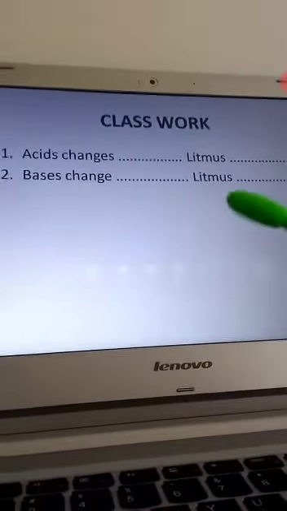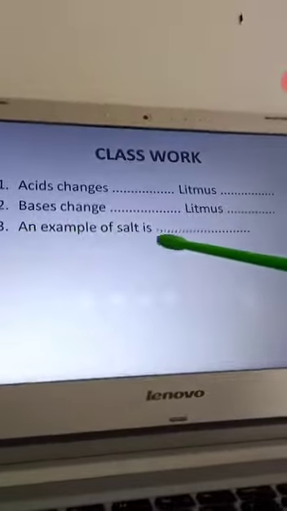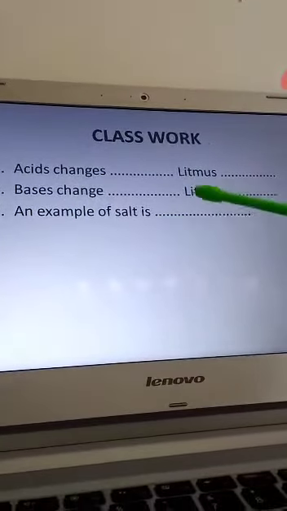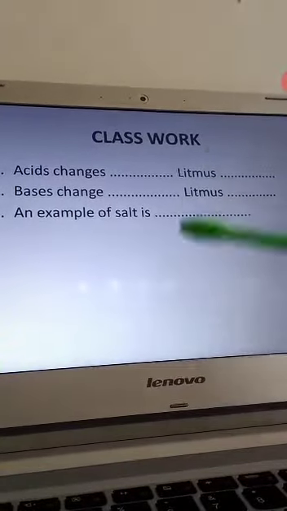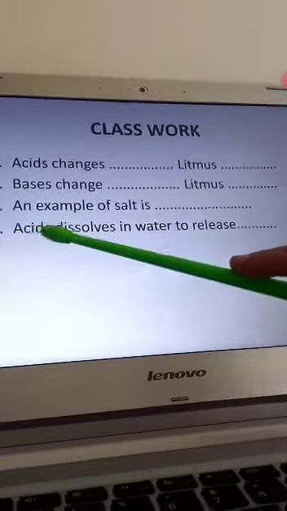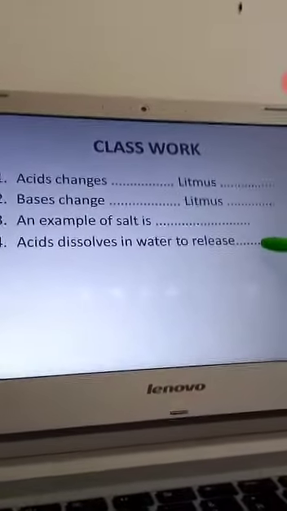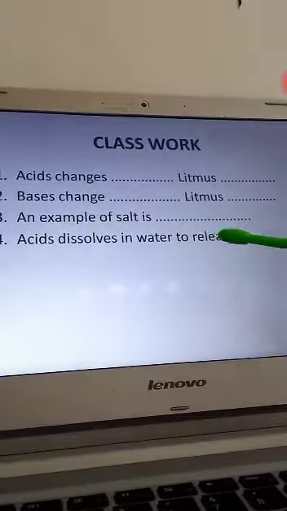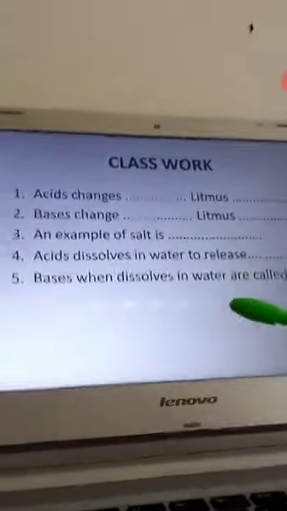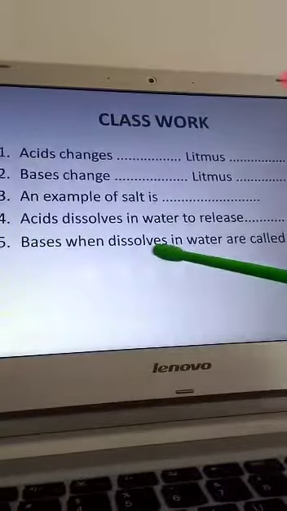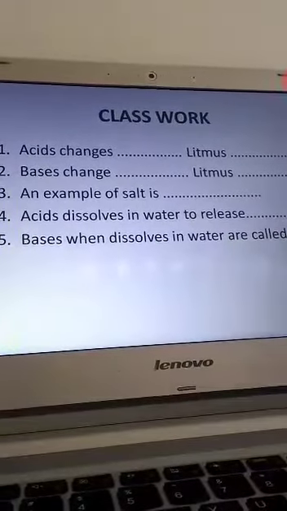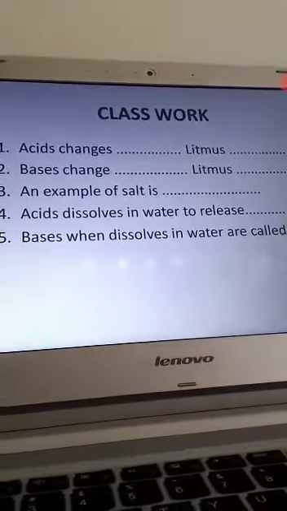My third question, give an example of a salt. Yes, it's calcium carbonate. Next question, acid dissolved in water releases what? Very good. Acid dissolved in water releases hydrogen ions. And last question is, bases when dissolved in water are called what? Yes, they are called alkalis.